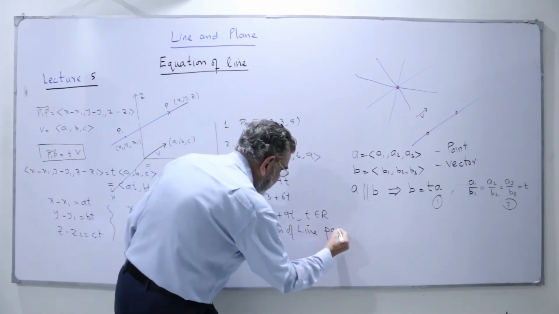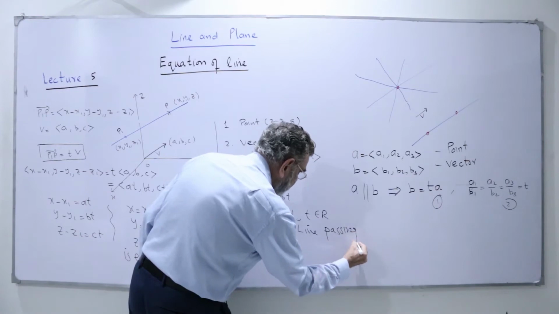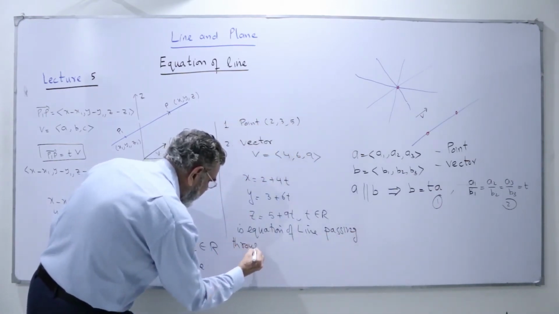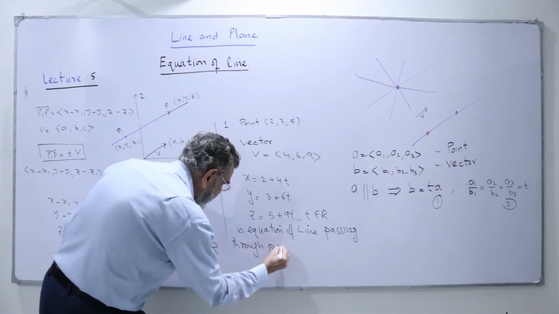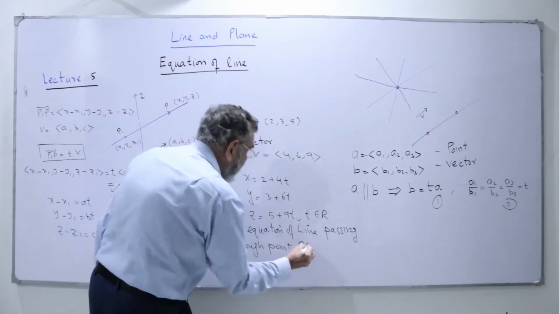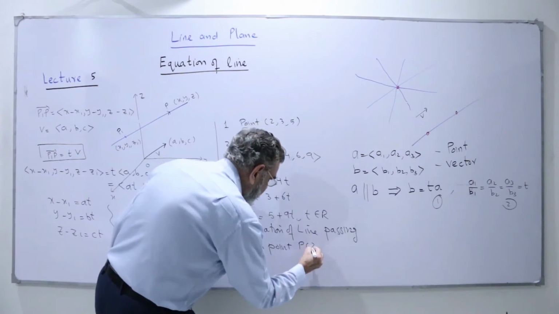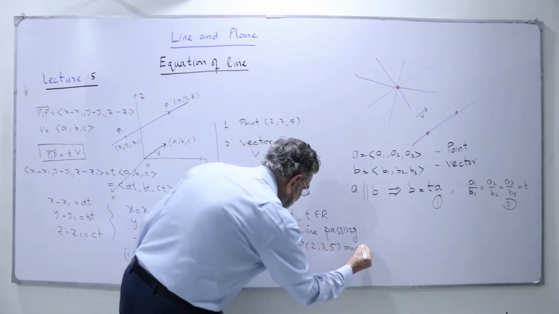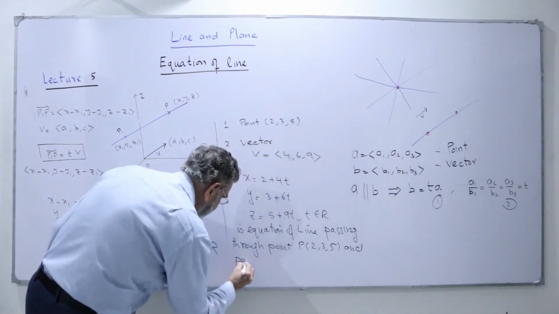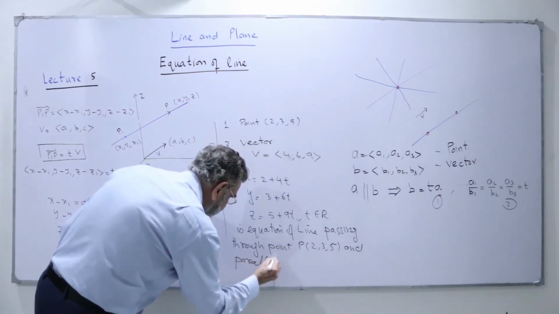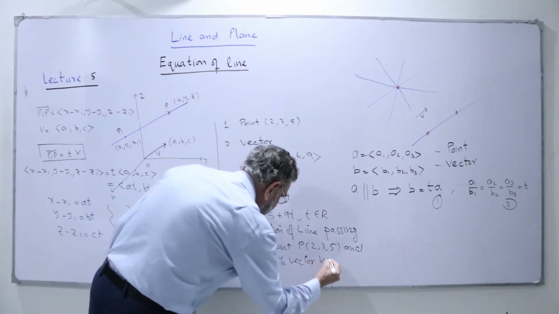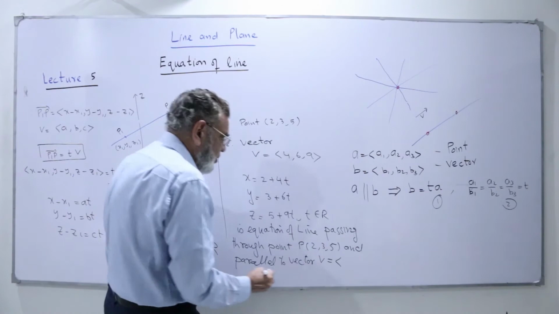This is the equation of the line passing through the point P, whose components are 2, 3, and 5, and parallel to the vector v, whose components are 4, 6, and 9.